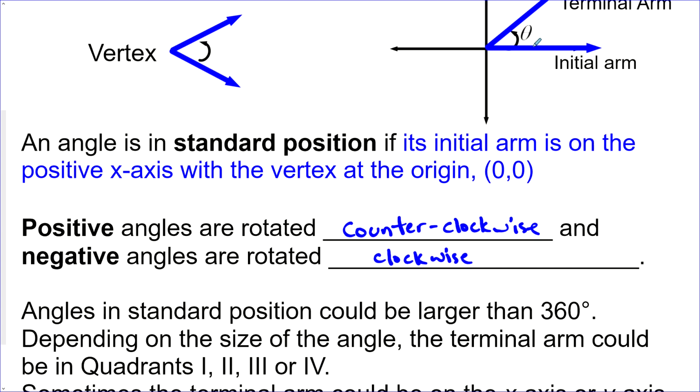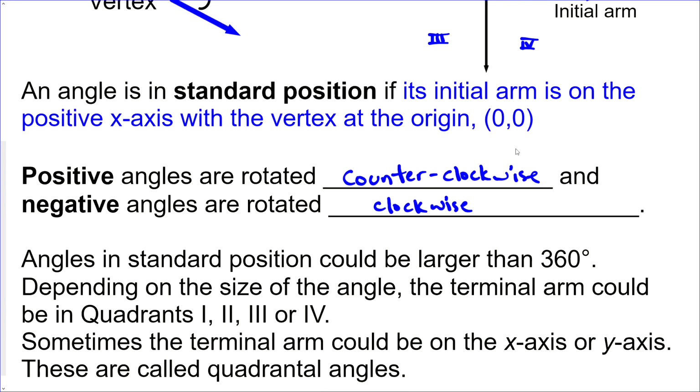Now they go like this. This is quadrant 1, this is quadrant 2, this is quadrant 3, and this is quadrant 4. Sometimes the terminal arm could be on the x or y axis, and those would be called quadrantal angles.